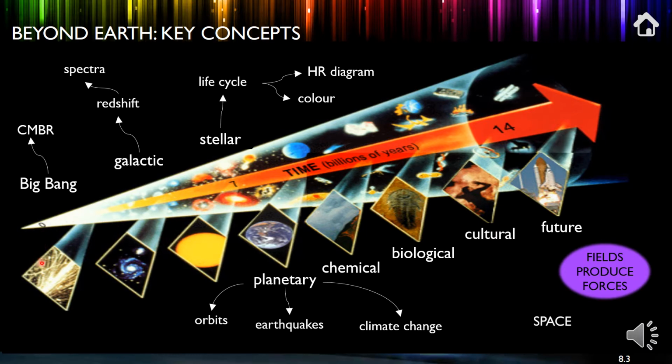So here we have the evolution of particles, the evolution of the large scale structure of the universe, which involves stellar or star evolution and development, and then planets, so planets form around stars, and then chemistry, more complex chemistry begins to evolve if you've got the right amount of energy and liquids, and then biological evolution, as we've already mentioned, and then cultural evolution emerging from biological, and then they go on to speculate about the future. But this section deals with space, so that's what we're concentrating on.